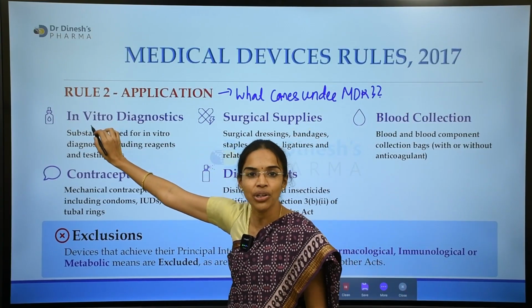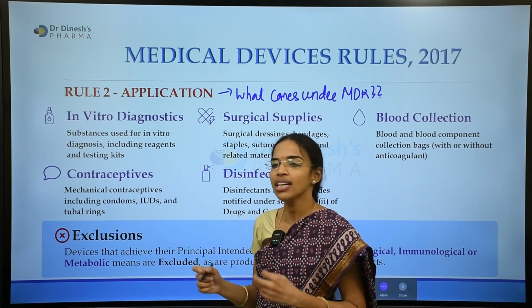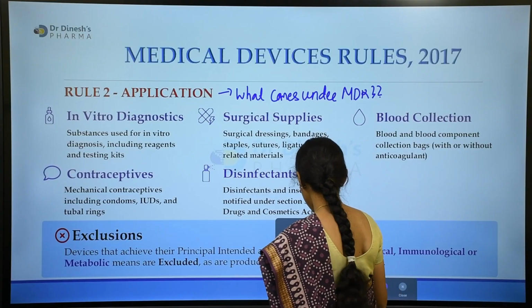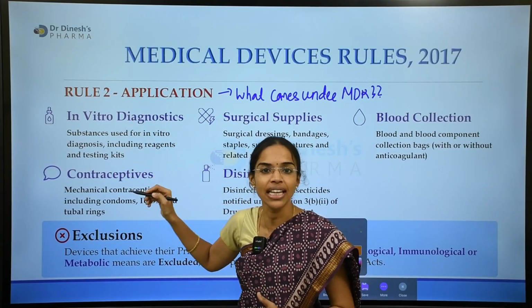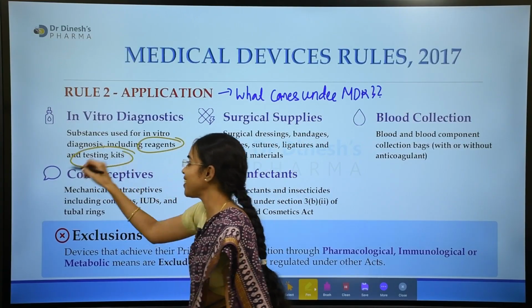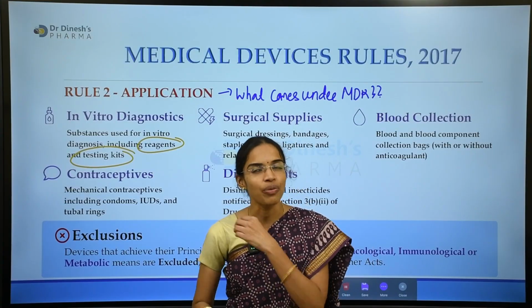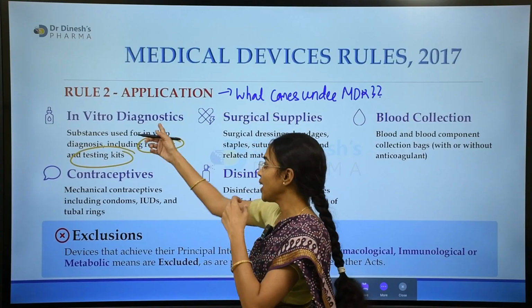Like in vitro diagnostics. Okay, the first part is the in vitro diagnostics. So what do we mean by in vitro diagnostics? They are the reagents and the testing kits. We perform various tests for diagnosis purposes.